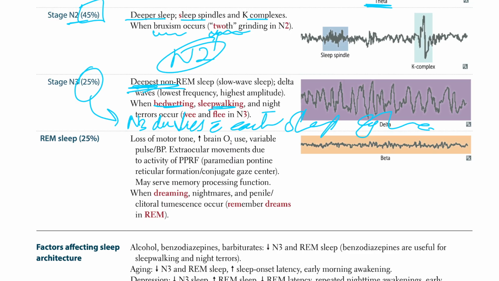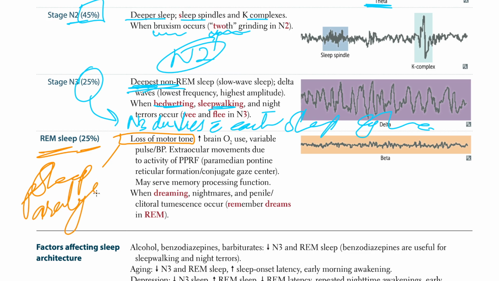Now let's talk about REM sleep. REM sleep is about 25% of sleep. You have a loss of motor tone, also known as sleep paralysis. Here you will have an increase in brain oxygen use, variable pulse and blood pressure, and extraocular movements due to activity of the PPRF, the paramedian pontine reticular formation, which is the conjugate gaze center.